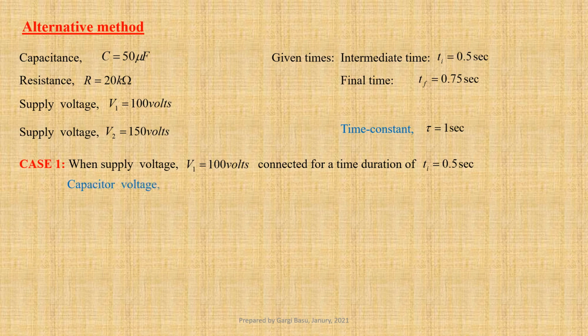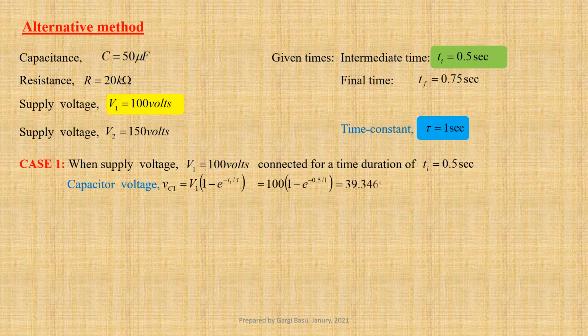Capacitor voltage Vc1 equals V1 into 1 minus e to the power minus Ti by tau, that is equal to 100 into 1 minus e to the power minus 0.5 by 1, that gives us 39.3469 volts. Now we shall use Vc1 as the initial value of capacitor voltage for the next part of this problem.